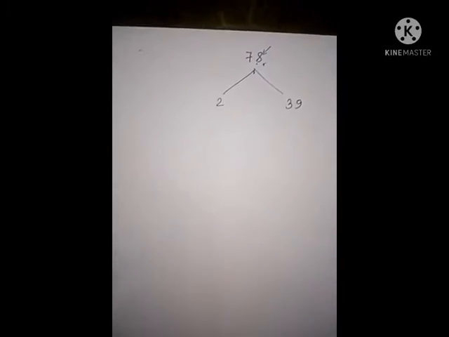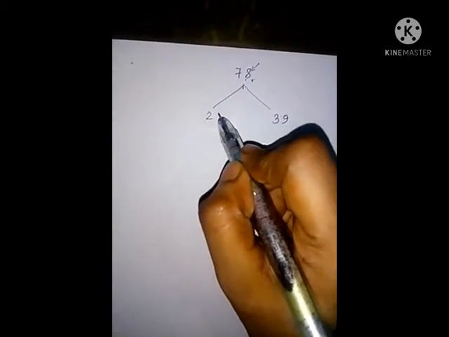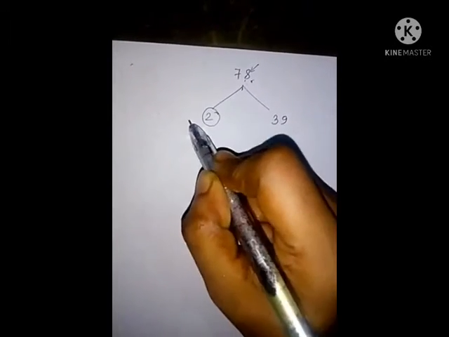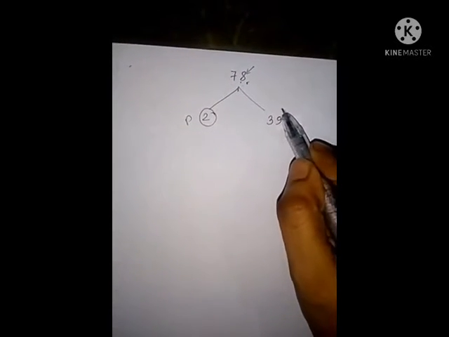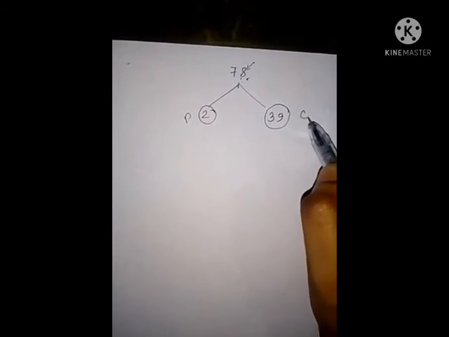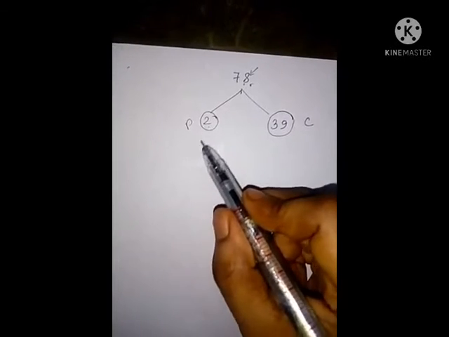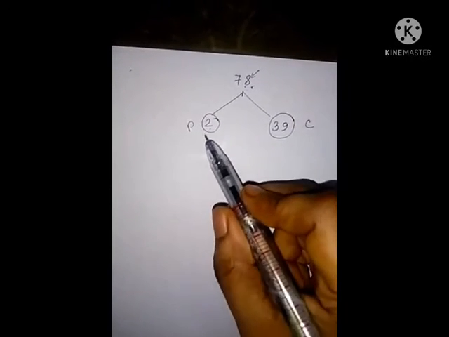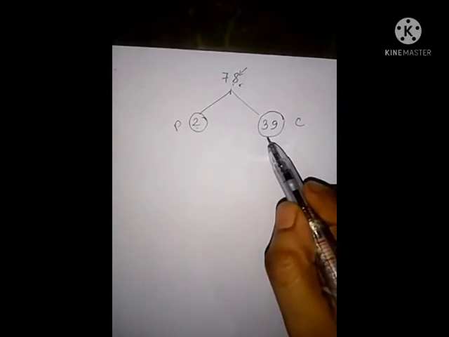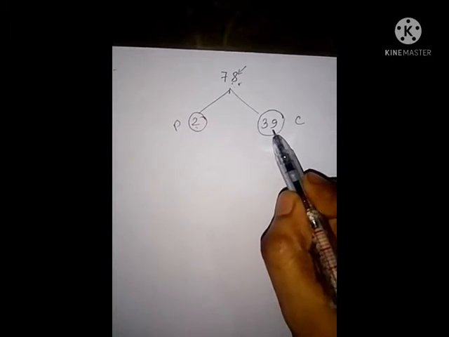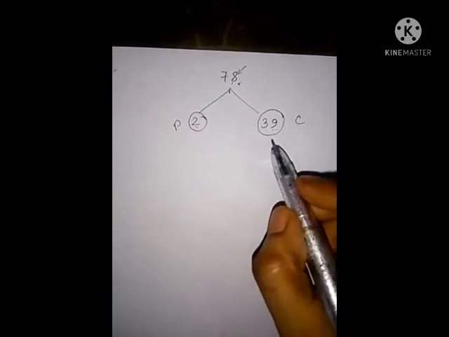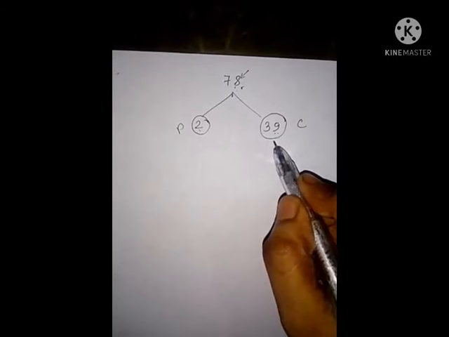See, 2 is a prime number and this is a composite number. We cannot factorize 2 further because it is a prime number. We will go for this because 39 is a composite number and we will factorize it further.